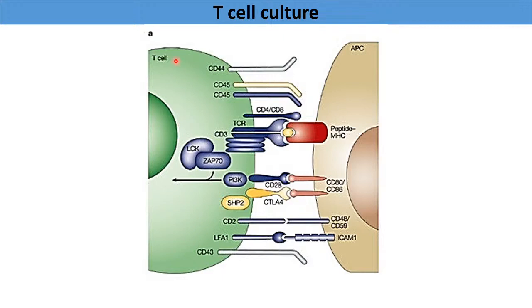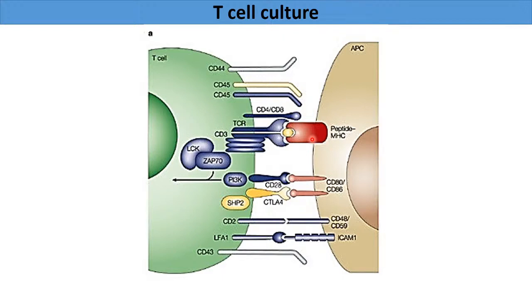actually I divide only and only if I get a signal to my T cell receptor and my CD3 molecule. And that signal is generally given by an antigen presenting cell which presents an antigen on its MHC molecule.